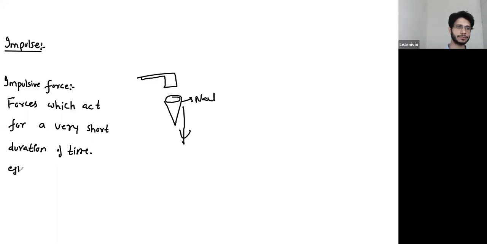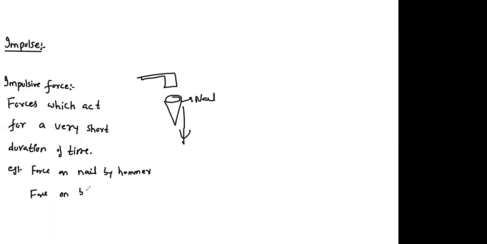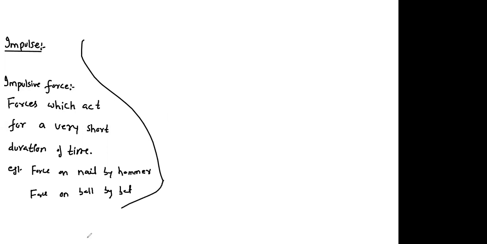Example, force on nail by hammer. It's an example of impulsive force. Force on ball by bat is an example of impulsive force. So these are a few examples. Even if someone slaps, this is again an example of impulsive force.